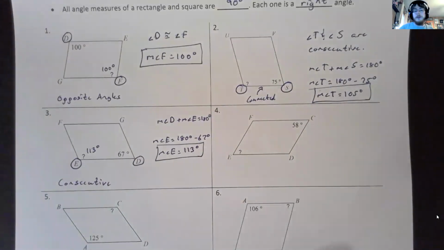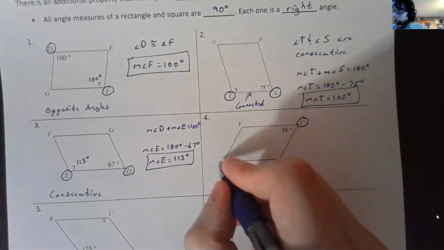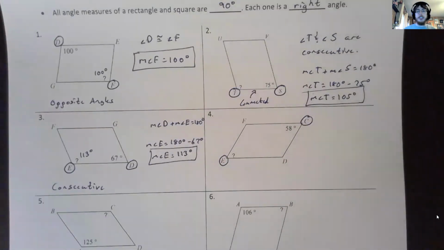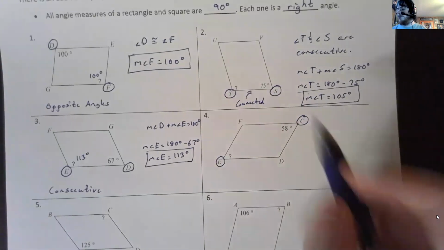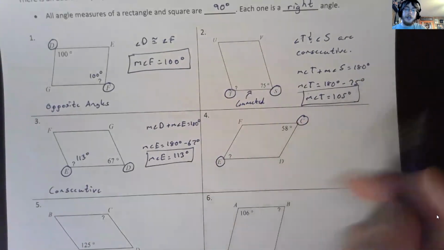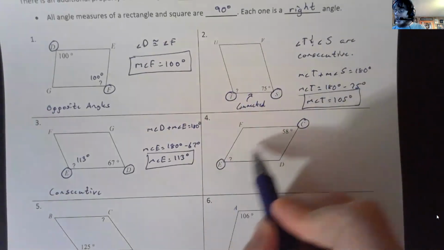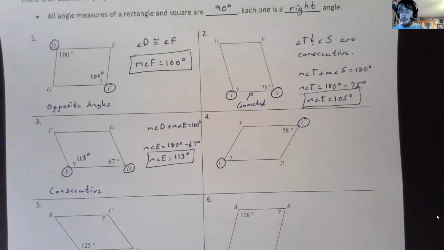And number 4, we're given angle C, and we want to find angle E. Again, we have to determine, are these consecutive or are they opposite? Well, angle C and E, are they directly connected by a side or would you have to draw a diagonal? And as you can see here, you would have to draw your diagonal. So that means they cannot be consecutive.